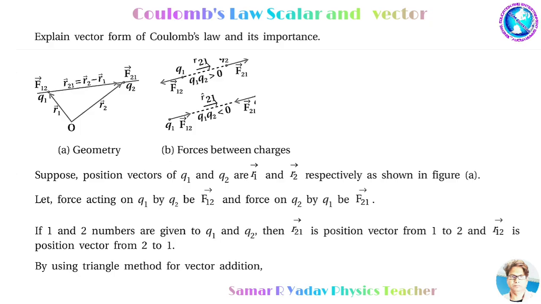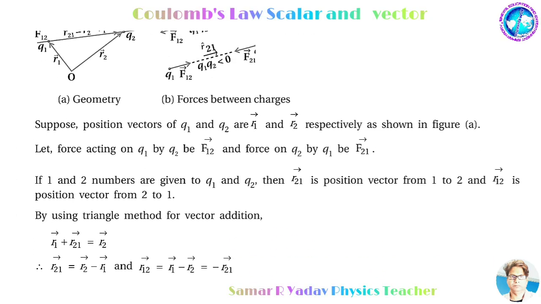Suppose the position vectors of q1 and q2 are vector r1 and vector r2 respectively, as shown in figure A. Let the force acting on q1 by q2 be vector F12 and the force on q2 by q1 be vector F21.